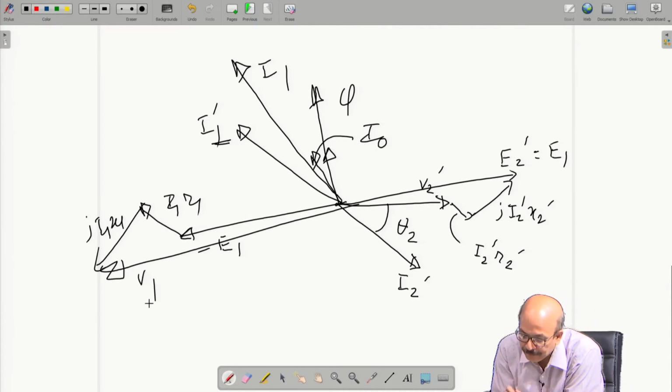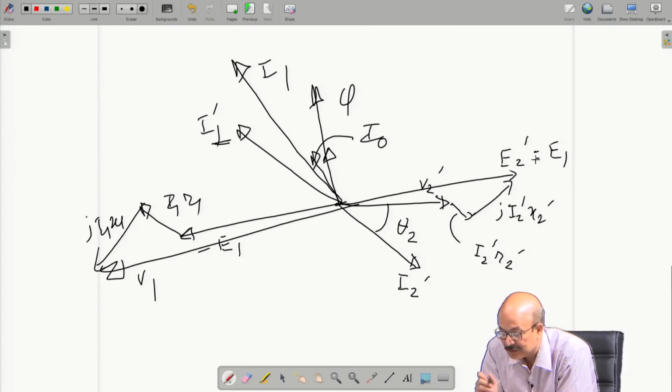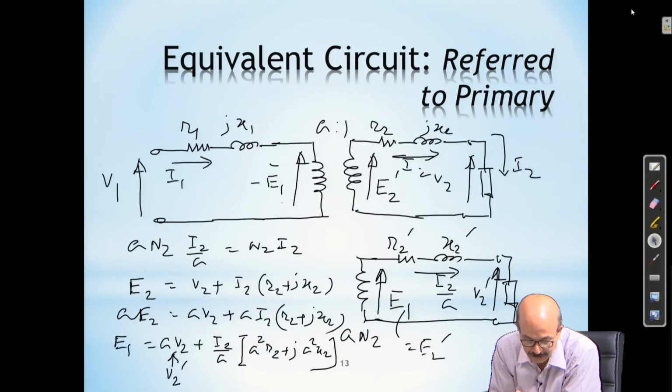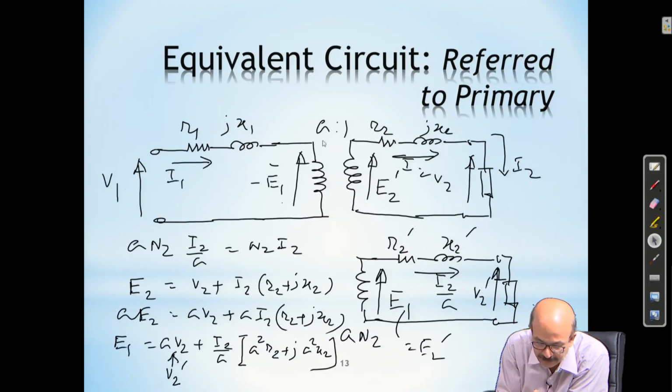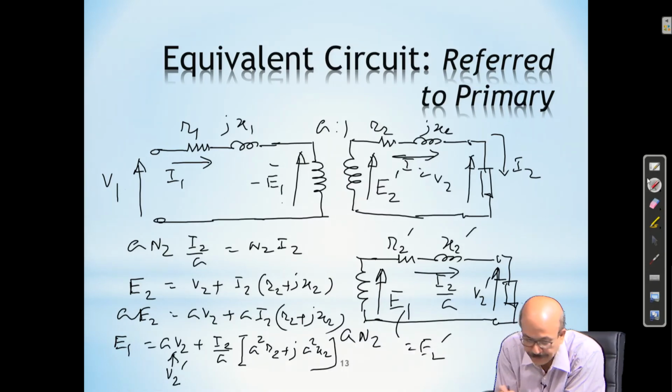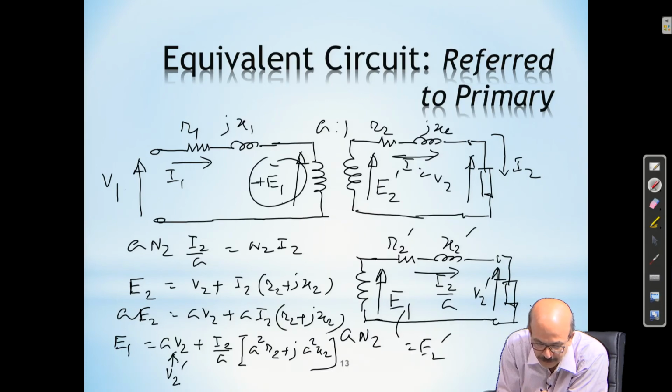Because E1 and E2 dash are the same, if we do not care about the sign, magnitude wise E1 and E2 dash are the same, and this is also E1.